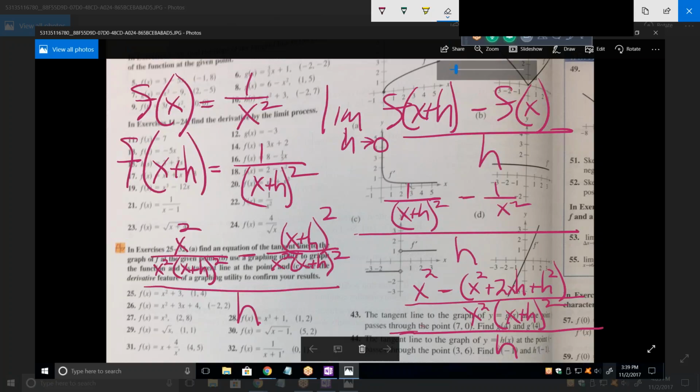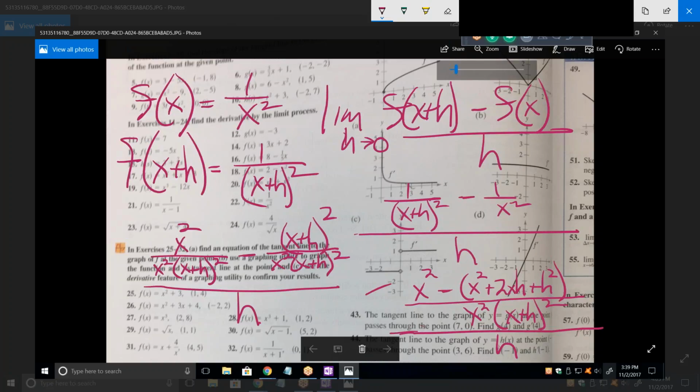Now, I'm going to have to erase some stuff to continue. Let's look at the numerator of the numerator. Remember what I said is that every term that does not have an h in it is going to go away.